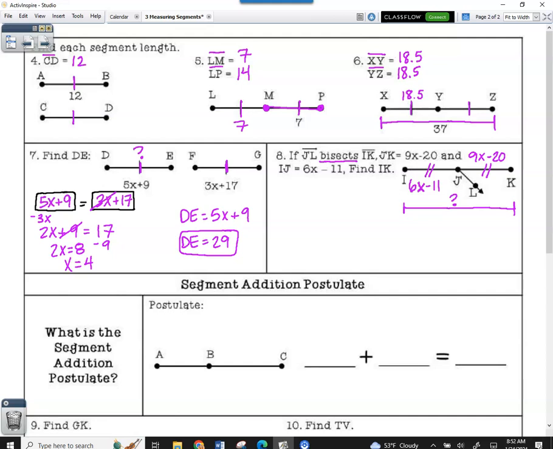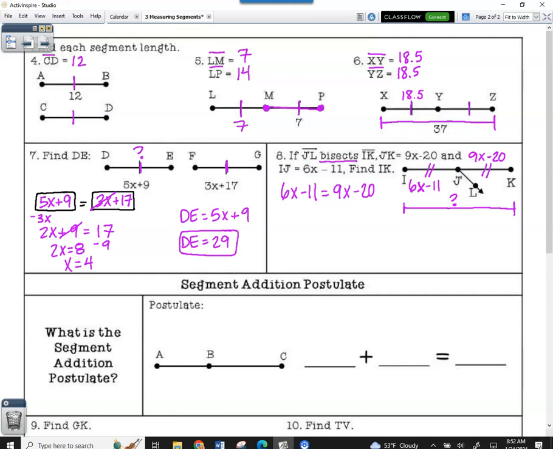Yeah, there's 2 things equal to each other. Something equals something. What are the 2 things that have to be equal? What 2 things must be equal? IJ and JK, which is why we have these marks here to help us to recognize 6x minus 11 has to equal 9x minus 20, right?